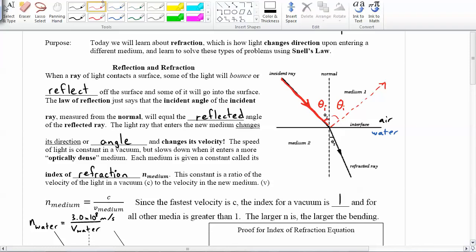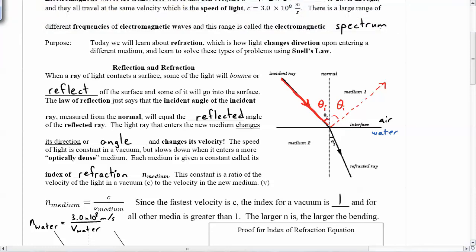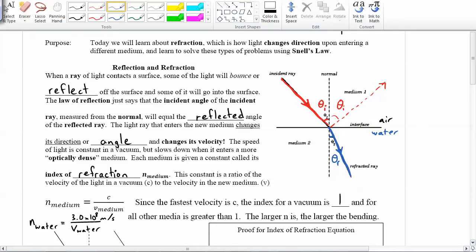But also when light hits the water, some of the light is going to go into the water itself. And this is called refraction. The light bends, and you get a refracted angle called theta R. And again, both of those angles are measured away from the normal.